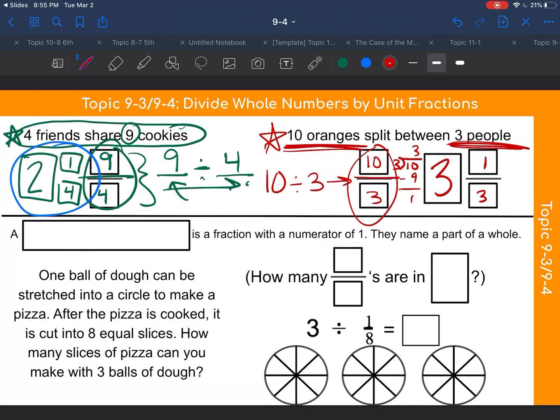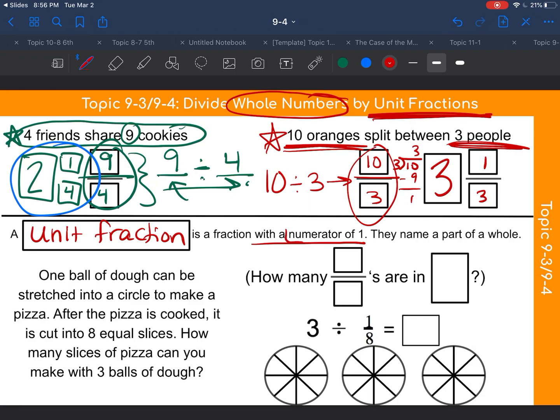Today we are going to be modeling a couple division problems. We're mainly going to be modeling dividing a whole number by a unit fraction. I just want to review what a unit fraction is. A unit fraction is a fraction with a numerator of 1.